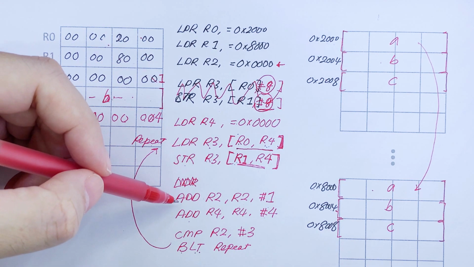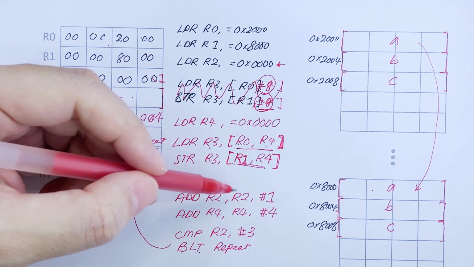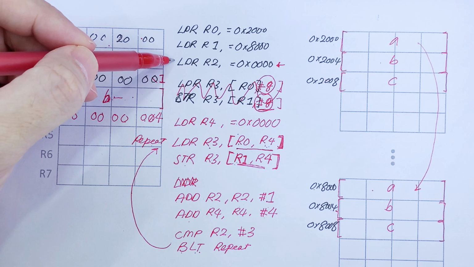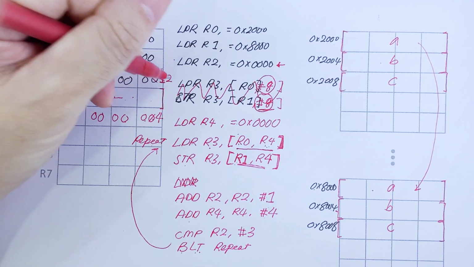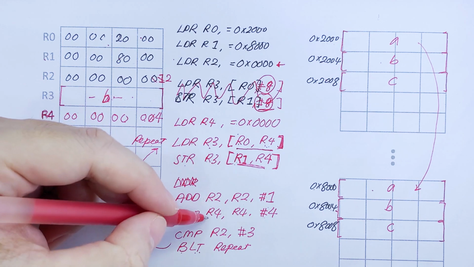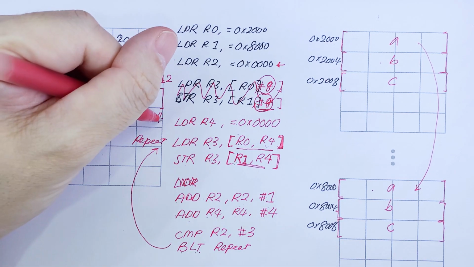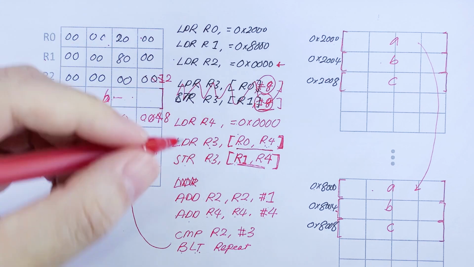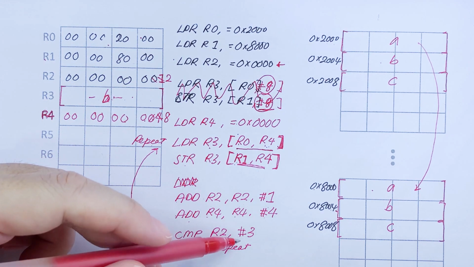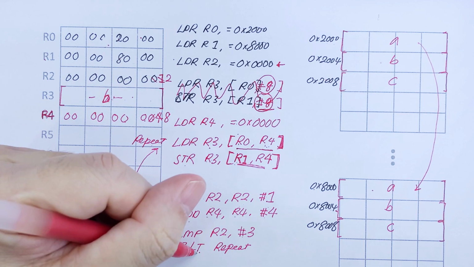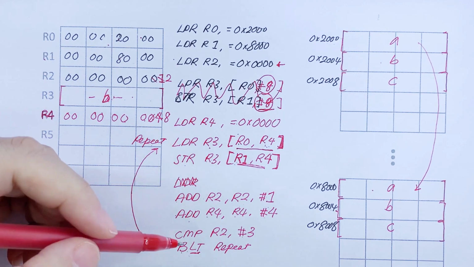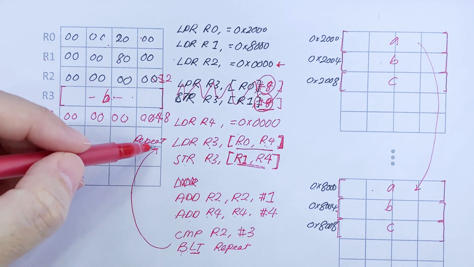After this we add 1 to R2, which is our counter, so it ends up being 2, and we also add 4 to R4, so instead of 4 we now have 8. Then we compare R2 to see whether it is less than 3. Remember we have the less-than condition there. If yes, we're going to repeat.